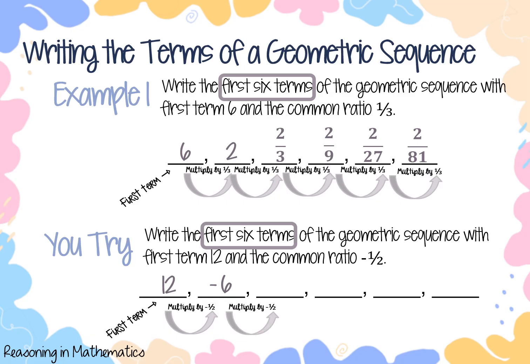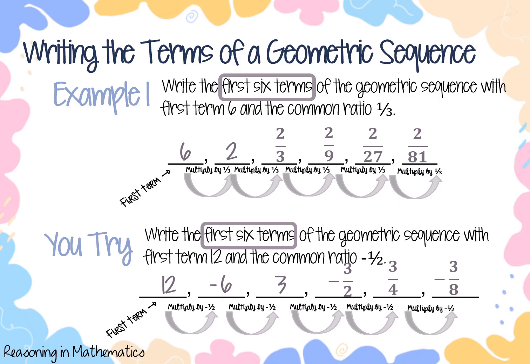Multiply by -1/2 again, we get +3. Multiply by -1/2, we get -3/2. Multiply again by -1/2, we get +3/4. And when you multiply by -1/2, we'll get our 6th term, which is -3/8.